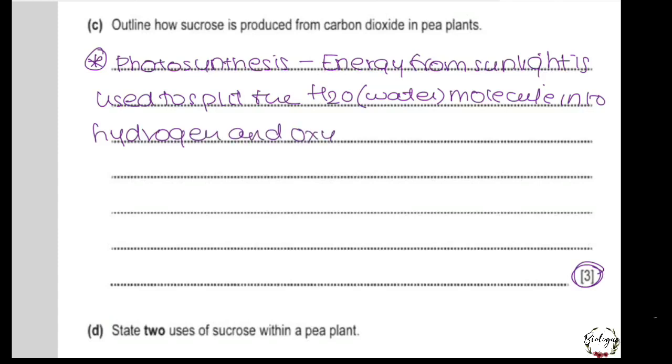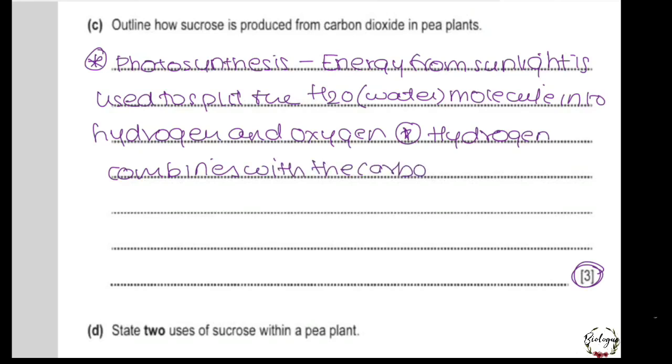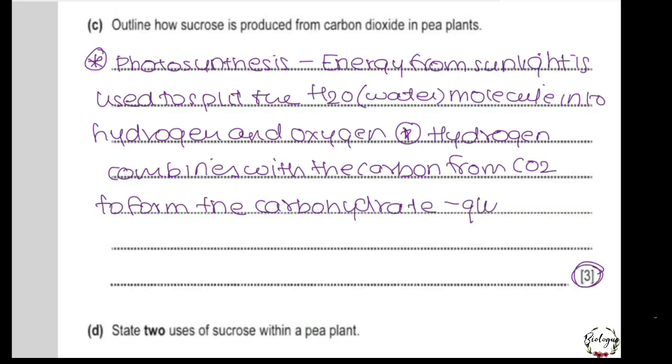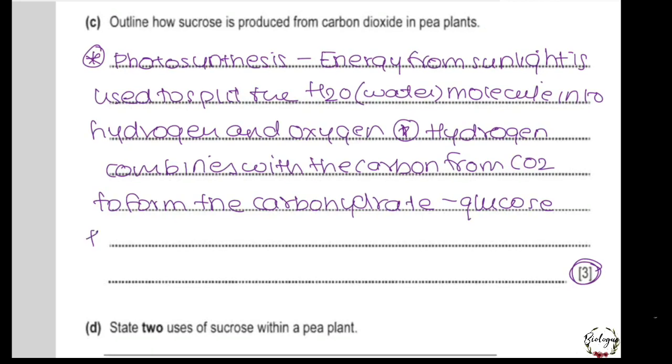Then after that, the second point you will write is that hydrogen combines with the carbon from carbon dioxide to form the carbohydrate glucose.